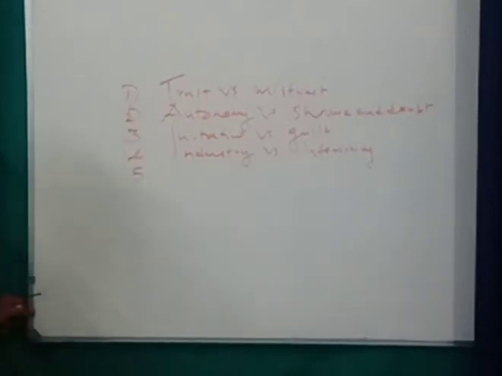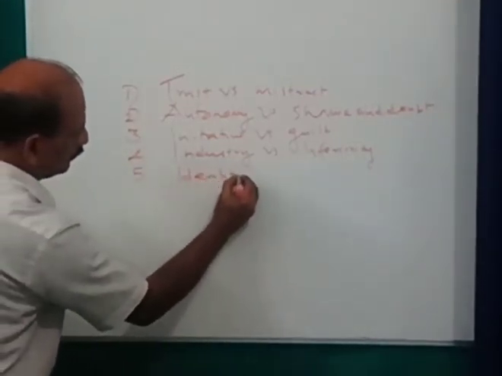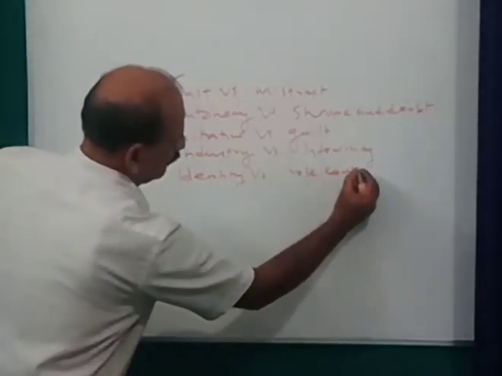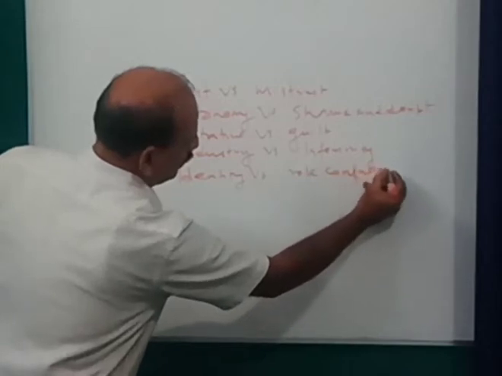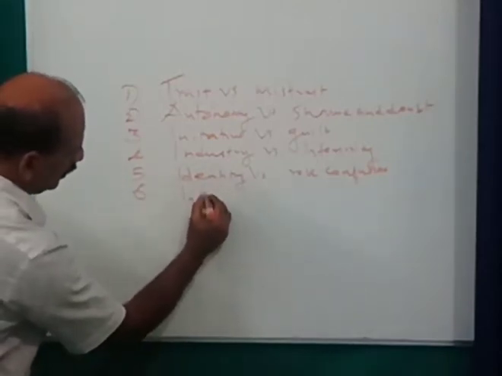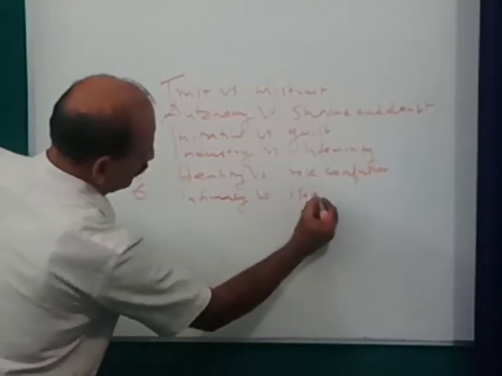And the fifth one, identity versus role confusion. And the sixth one, intimacy versus isolation.